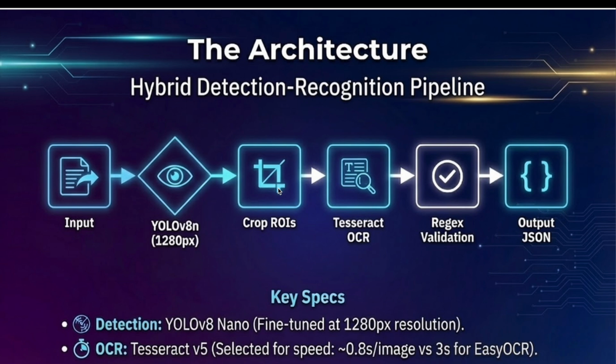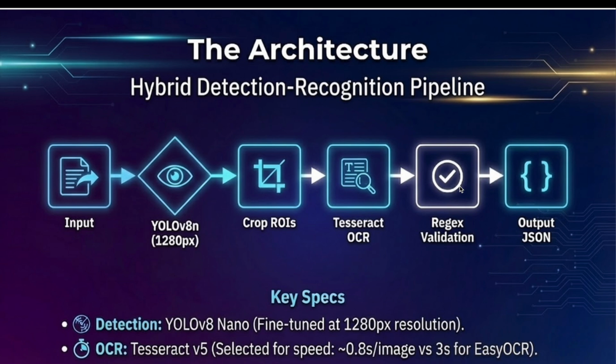Then we crop those regions of interest. Next, we run Tesseract OCR to extract the actual text. Finally, regex validation checks that the extracted text matches the expected formats, with fallback strategies if primary extraction fails.